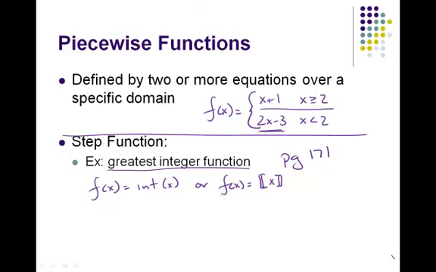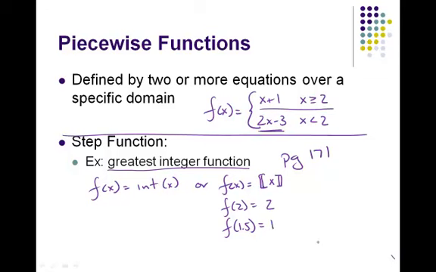So if I am using this function, and I'll use the second notation, where f of 2 equals, the solution is going to be the greatest integer that is less than or equal to this. So it would be 2. F of 1.5, what is the greatest integer that's less than or equal to 1.5?